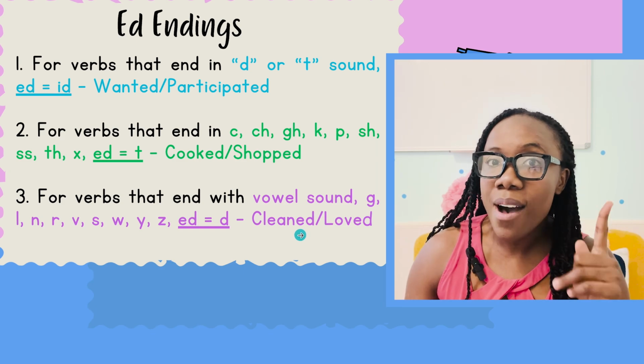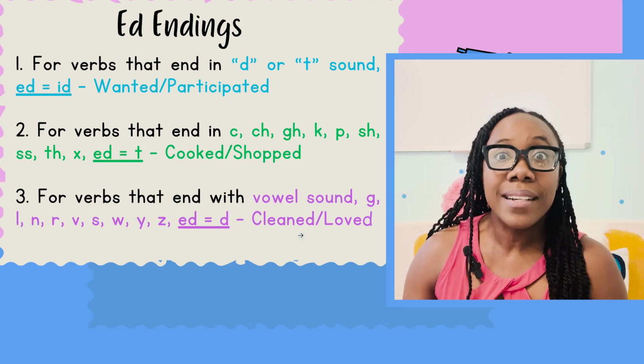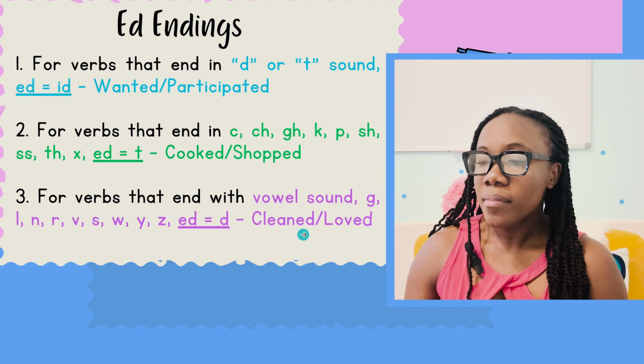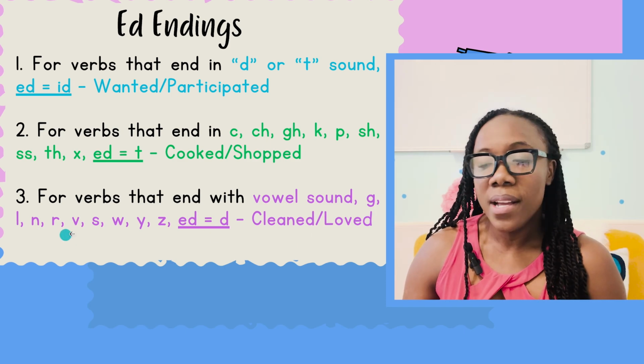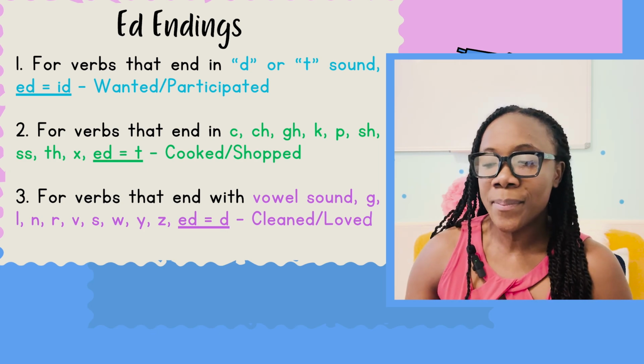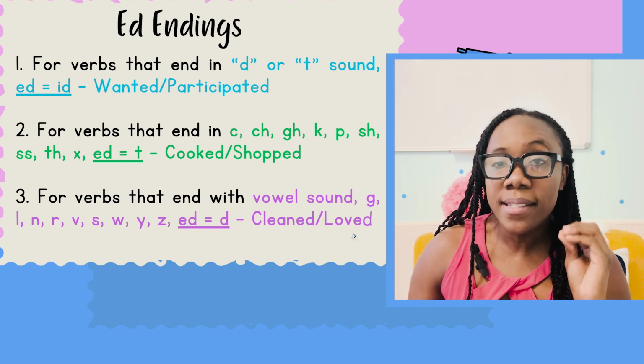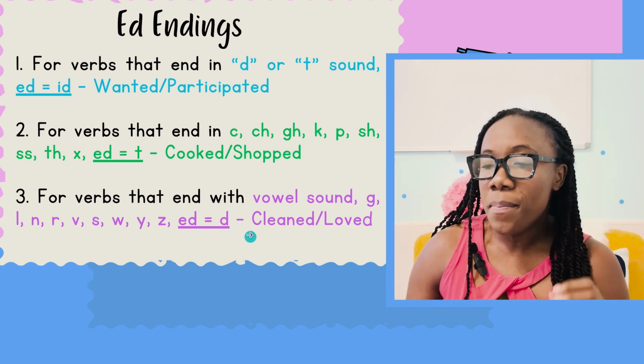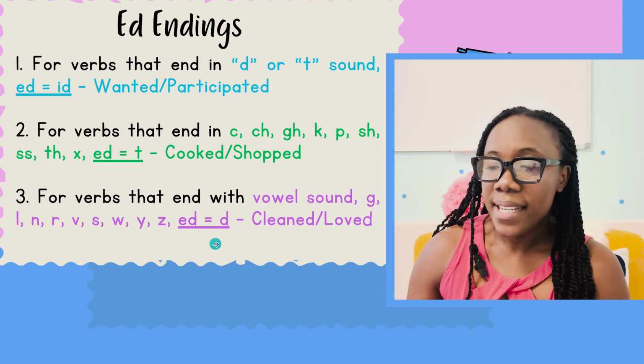That last sound is an N sound, clean. And because it's an N sound, the past tense of clean is pronounced cleaned. Love has that V sound at the end, so the past tense of love is loved.